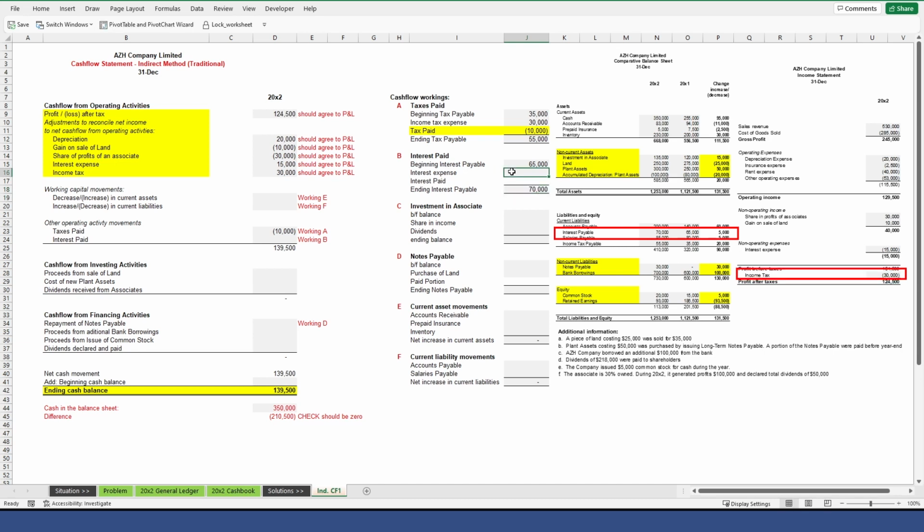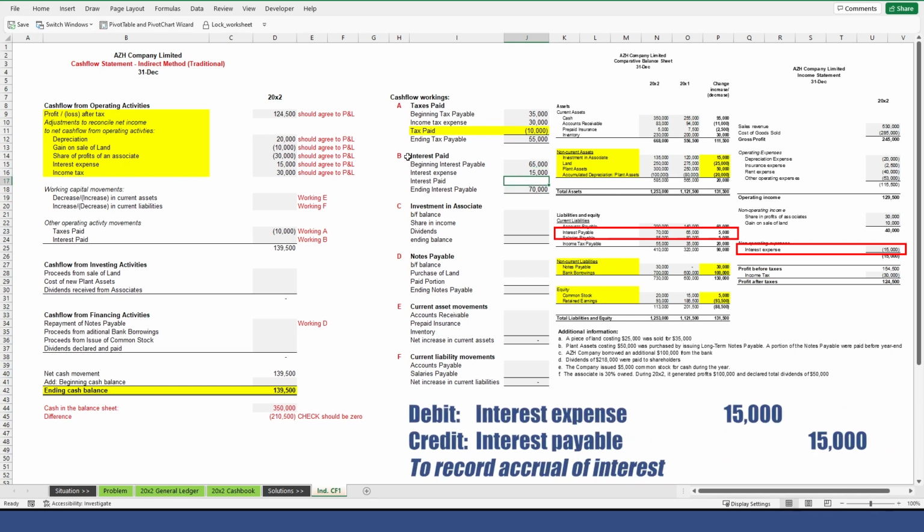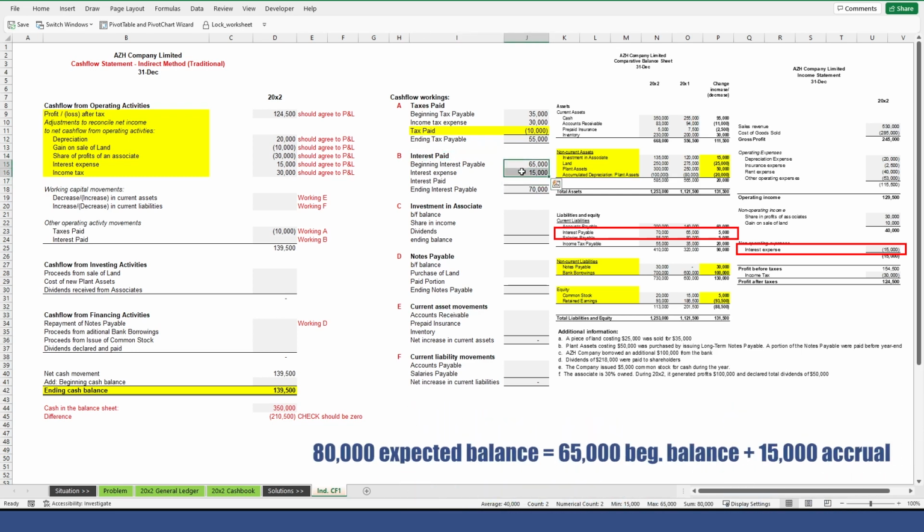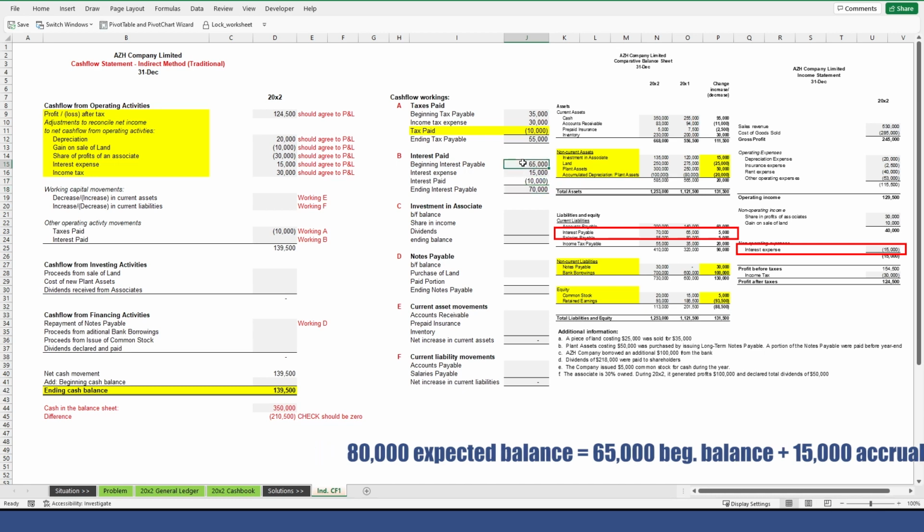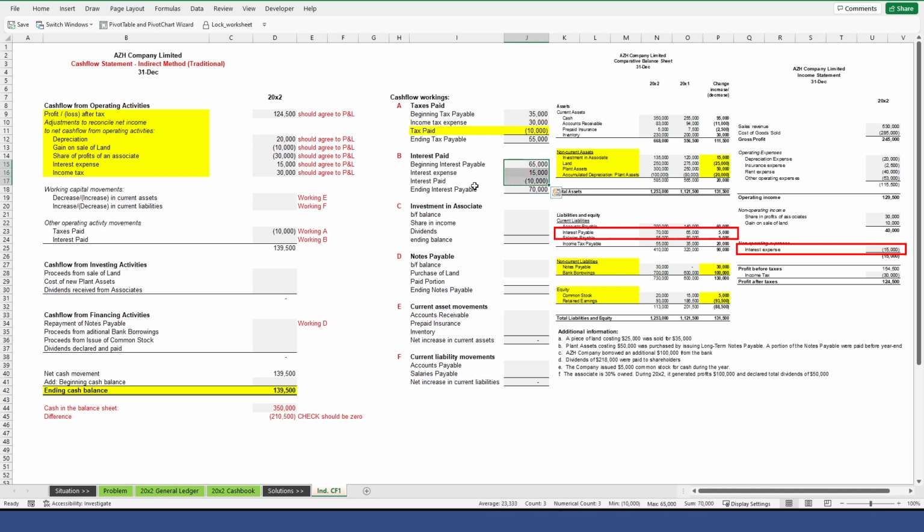With an interest expense of 15,000, which means that we have debited interest expense and credited interest payable, we are expecting a balance of 80,000 in the interest payable. However, since we have 70,000 as an ending balance, it means that we have actually paid 10,000 of interest during the year. By the process of squeezing, this 10,000 will now forward into the interest paid section of our cash flows.